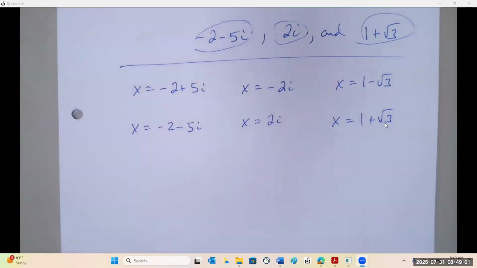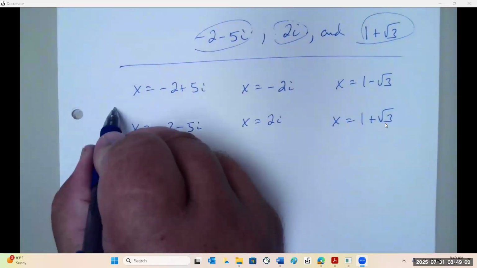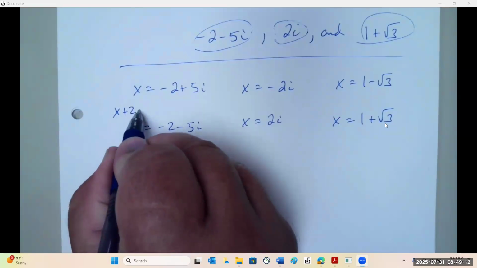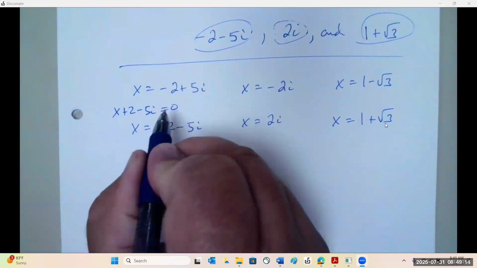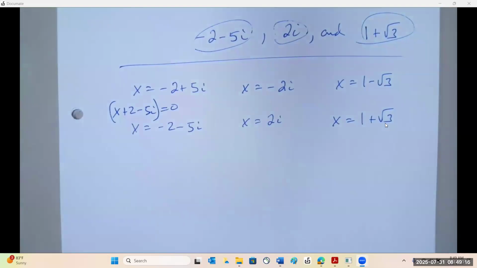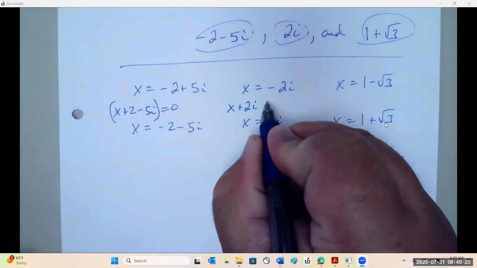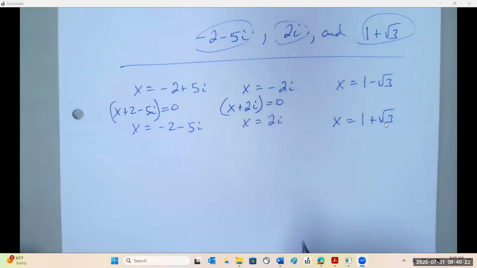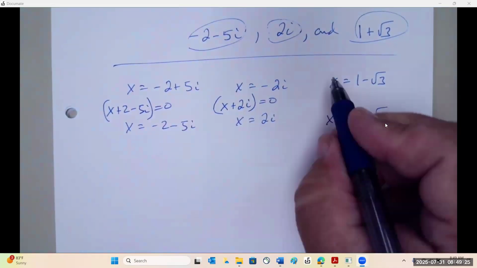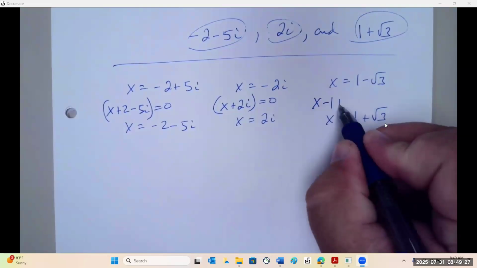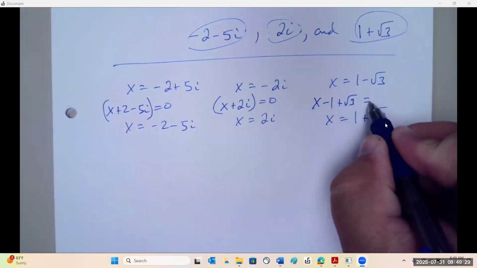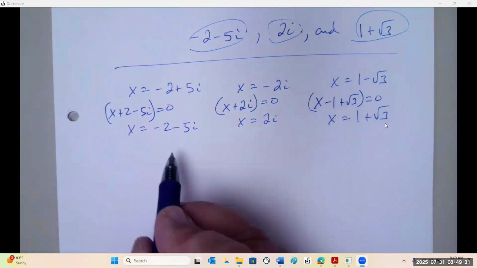These are my solutions, my x-intercepts, my rational zeros. Now I gotta set these equal to 0. So I gotta move everything over. So it's x plus 2 minus 5i equals 0. So there's my first parenthesis. X plus 2i equals 0. There's my second parenthesis. X minus 1 plus radical 3 equals 0. There's my third parenthesis.